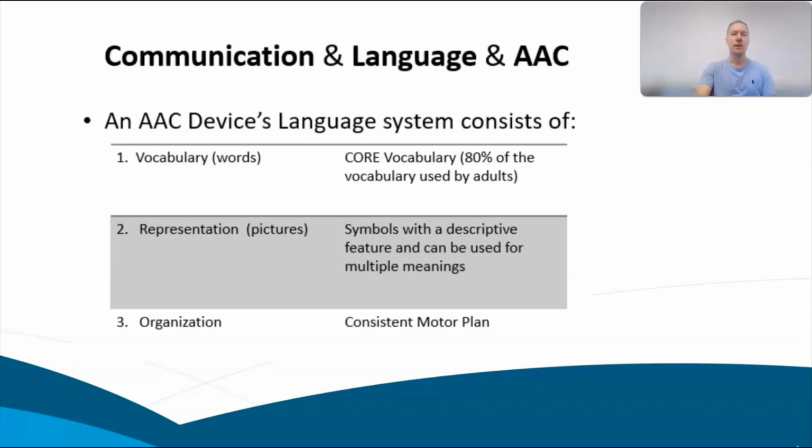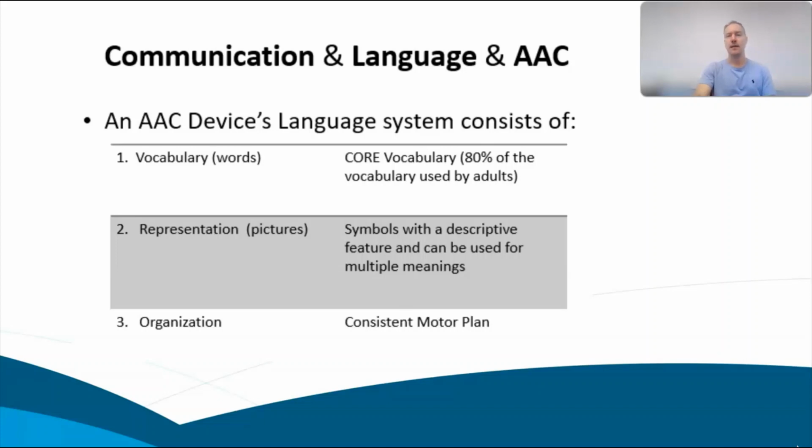At this point, we would like to talk for a few minutes about what you might be seeing on your child's device. When we look at setting up a communication system, there are three main things we consider. First, we think about the vocabulary, what words we want to have available.